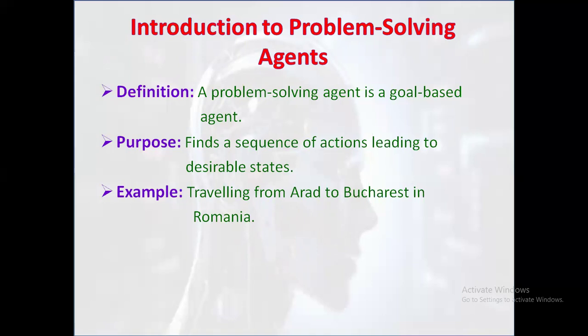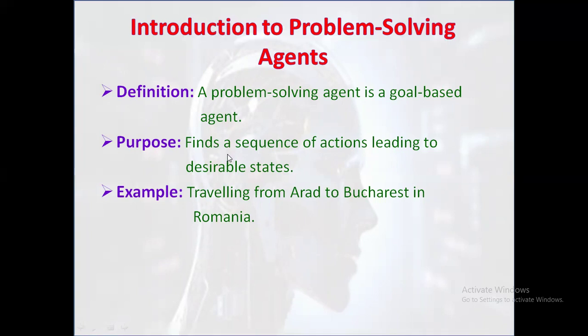This type of agent is typically used when the agent's task is well defined and has a clear objective. These agents are designed to find the most efficient or optimal sequence of actions that will lead them from an initial state to the goal state.